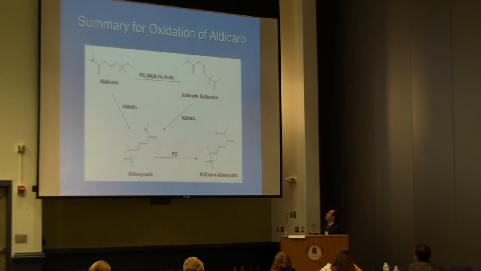However, for the free chlorine, a new compound is produced, right, with the formula here. The interesting thing is that the parent compound cannot directly produce this under the free chlorine oxidation.